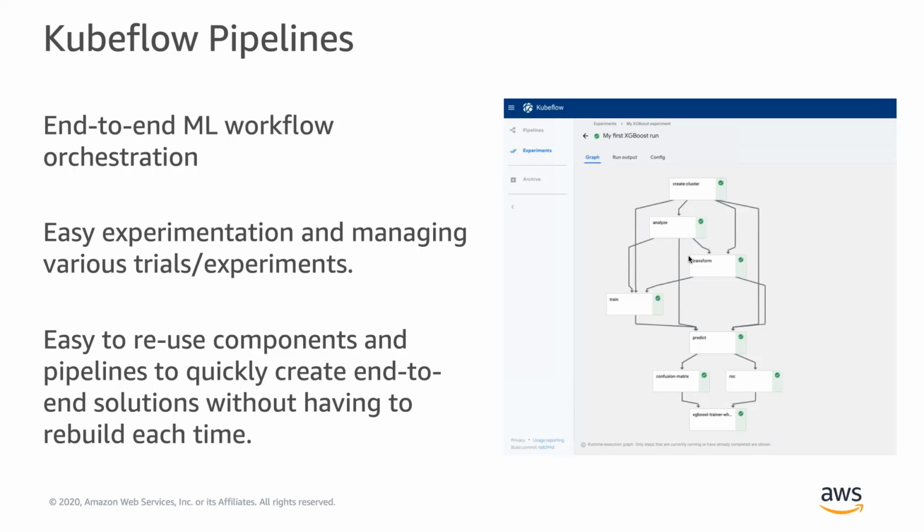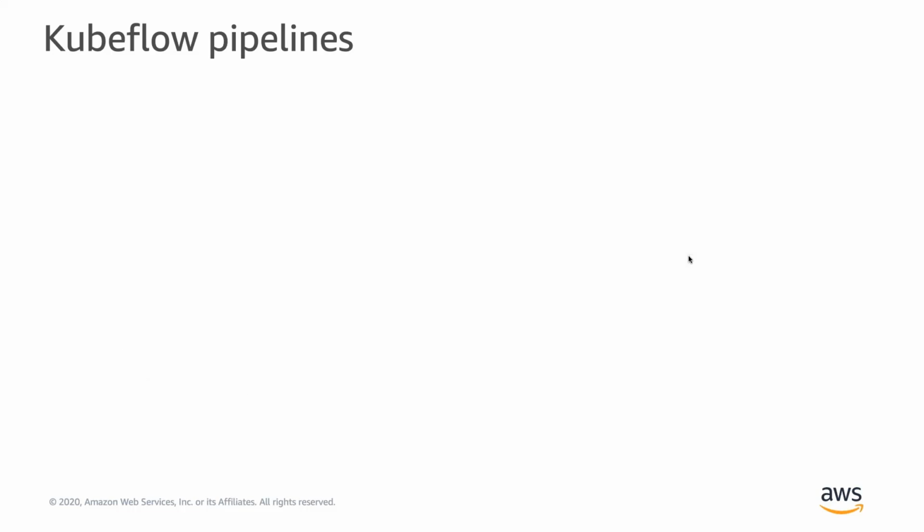So if you want to rerun an experiment, you're not just rerunning training, but you're rerunning the entire pipeline. And these components are modular, so you can quickly change, replace and share them with others, so it's easier to run through the same workflow and get reproducibility. Now, Kubeflow pipelines can be as simple or as advanced as you feel like you need for your workflows.